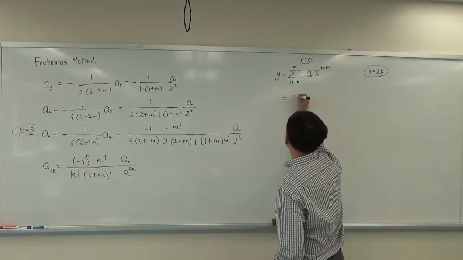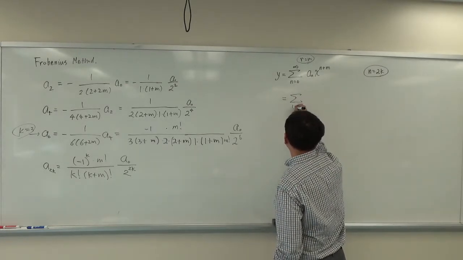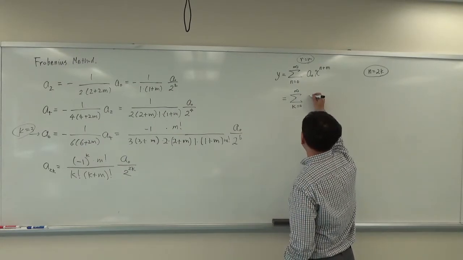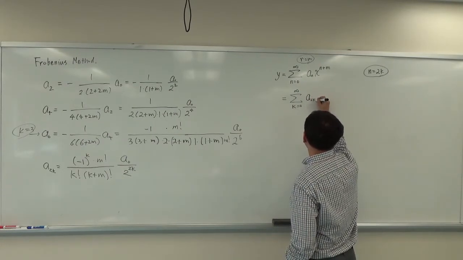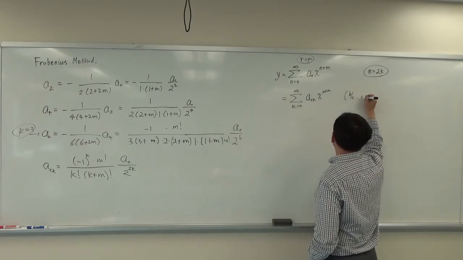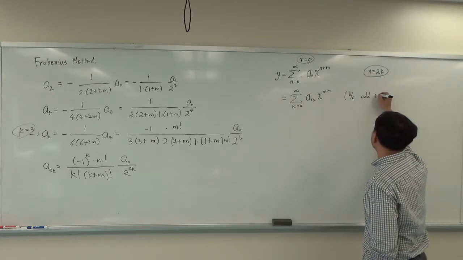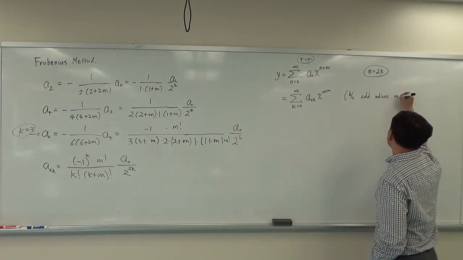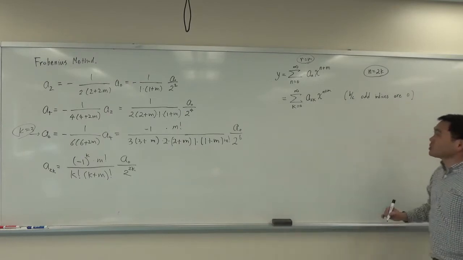So the very first one would be k equals 0 until infinity, and we have a2k there, because odd indices are 0. Okay.